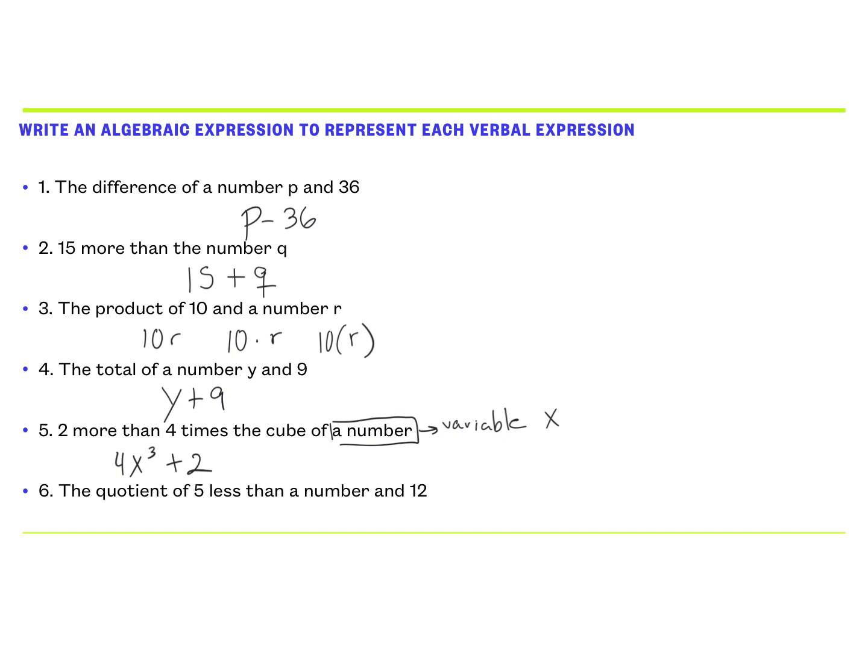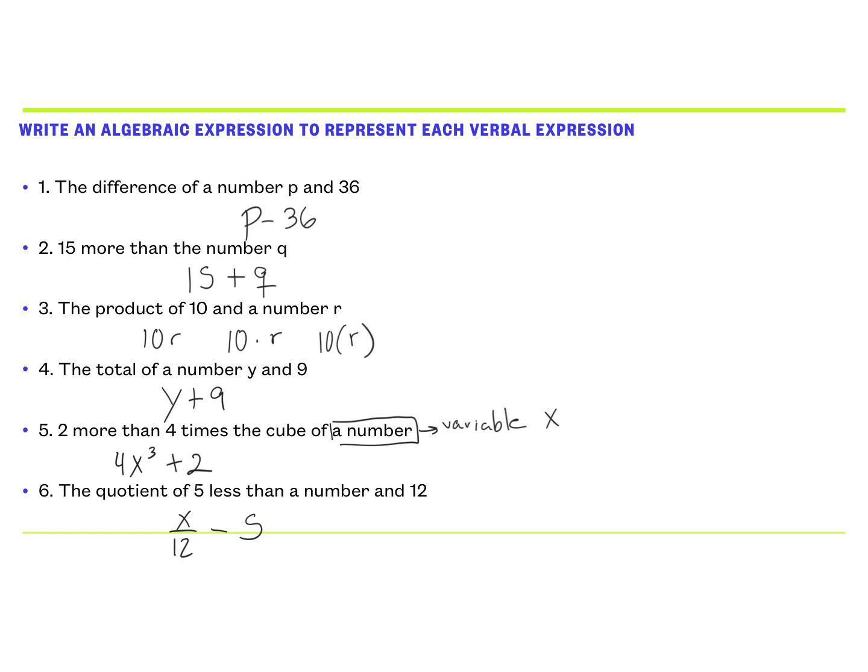And for number 6, we have the quotient of 5 less than a number and 12. Again, a number just means a variable. So the quotient of 5 less than a number and 12, that means the quotient is x over 12, and then it is minus 5.